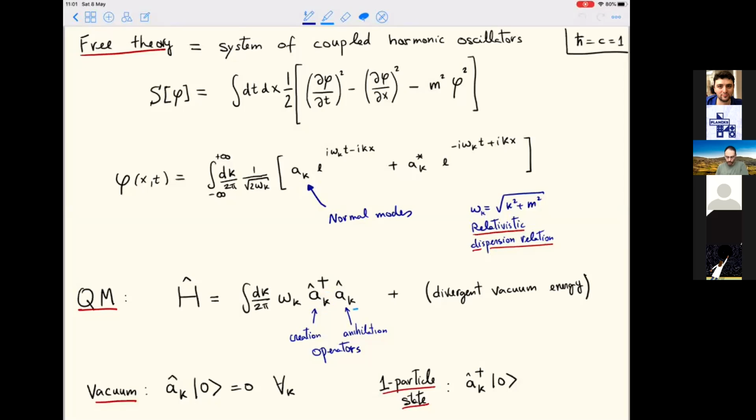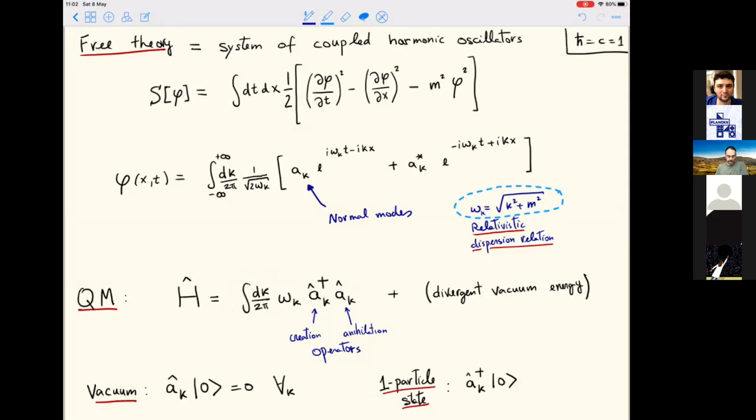There's one mode for each Fourier component, so for each momentum k, and you're integrating over k. And each mode has a frequency that depends on k via the standard relativistic dispersion relation, that the energy squared is the momentum squared plus the mass squared.